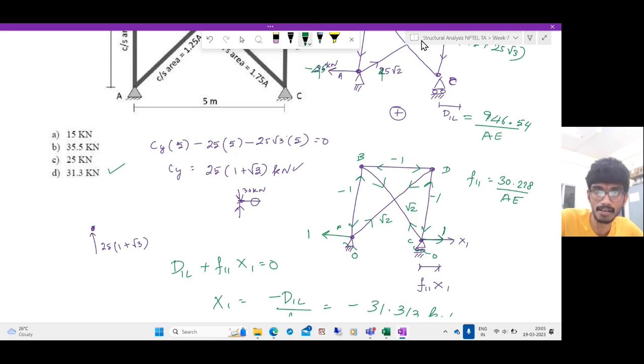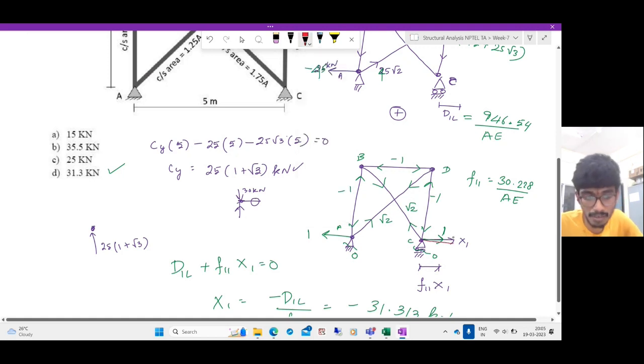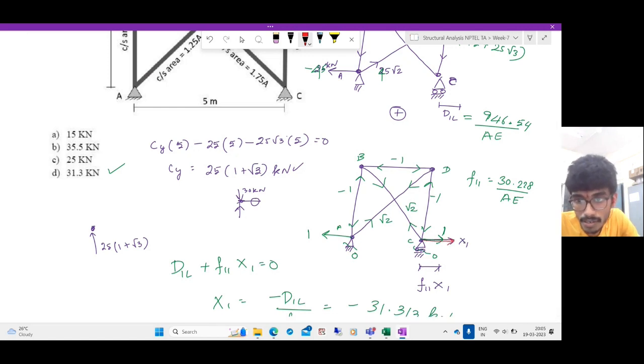If we apply x1 instead of the unit load, the internal forces will all be in the same direction, just scaled by x1.